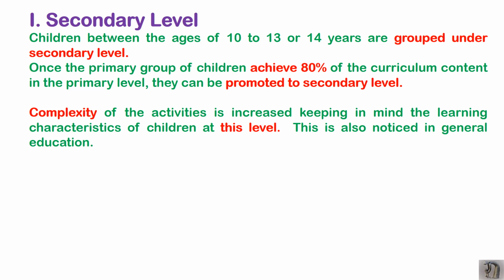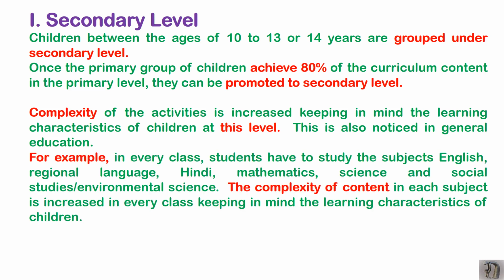Because if you see primary curriculum, primary 2 curriculum, and secondary, there will be a huge difference, because secondary level is a little higher than primary 1 and primary 2. So this is also noticed in general education. For example, in every class students have to study subjects like English, language, Hindi, mathematics, science, social, geography, EVS, or any other subject.